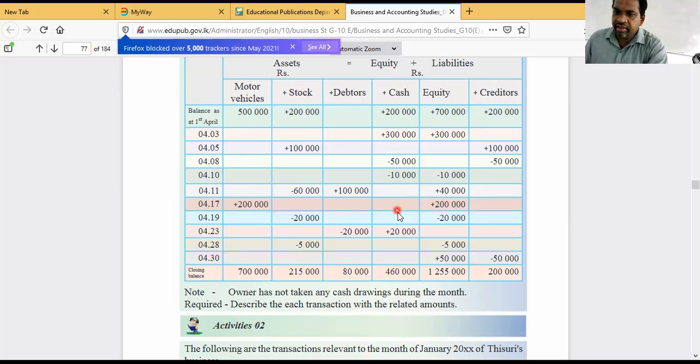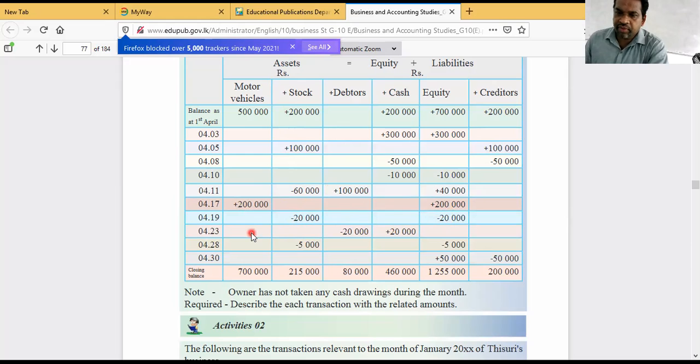Therefore, we can consider this 20,000 as goods drawings or stock damage. If there is damaged stock, then it will reduce the stock, and as it is a loss, it will reduce equity. Or we can say goods drawn by the owner for their personal use from the business worth 20,000.